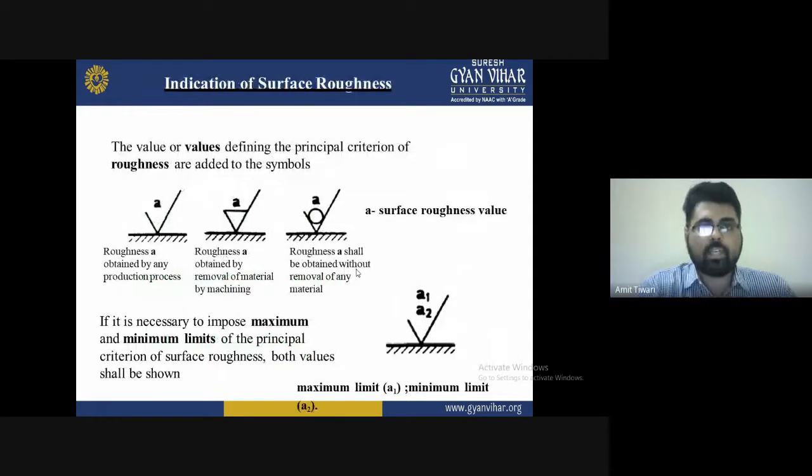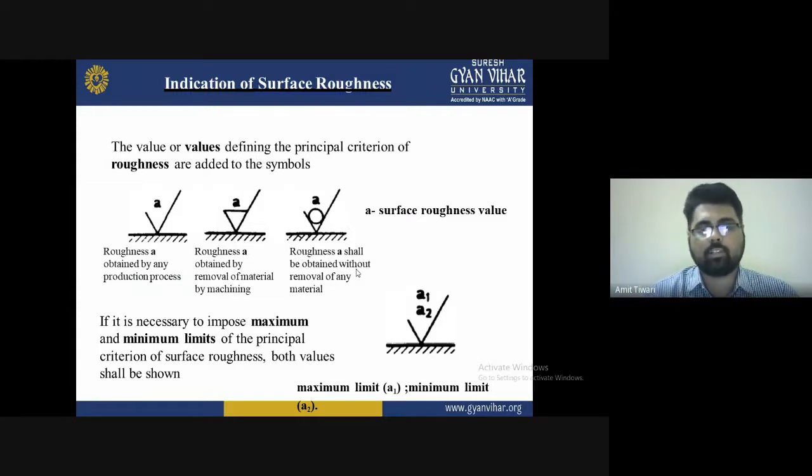Now the second one is the indication of surface roughness. How can we indicate surface roughness? The value or values defining the principal criteria of the roughness are added to the symbol. The options are: roughness A obtained by any production process; roughness A obtained by removal of material by machining; and roughness A obtained without removal of any material.